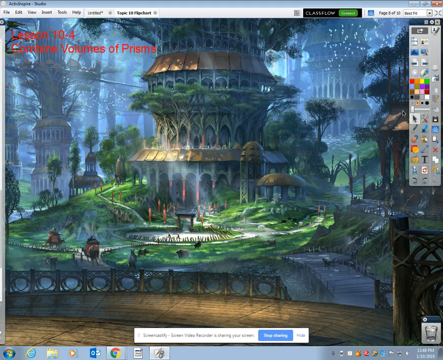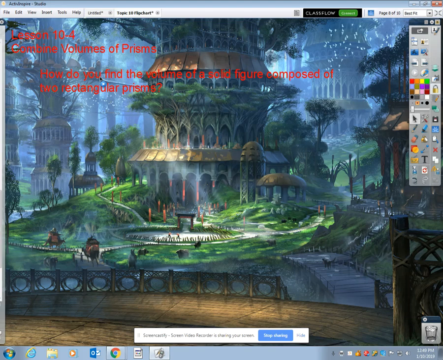Today we're looking at combining volumes of rectangular prisms, and this gets us into how do you find the volume of a solid figure composed of two rectangular prisms? So how do you find the volume of a solid figure when that solid figure is made up of two separate prisms?